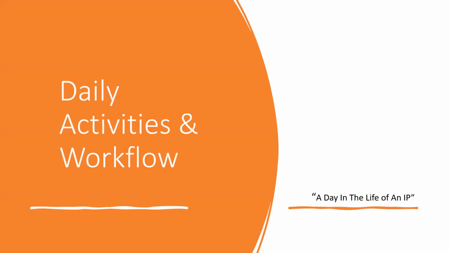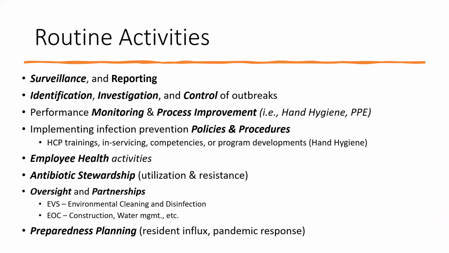So let's take a closer look at our workflow. Routine activities, right? There's, again, surveillance and reporting, identification, investigation, and control of outbreaks, performance monitoring and process improvement. So hand hygiene is a big one when it comes to performance monitoring, as well as PPE. With routine hand hygiene, of course, it should be encouraged.